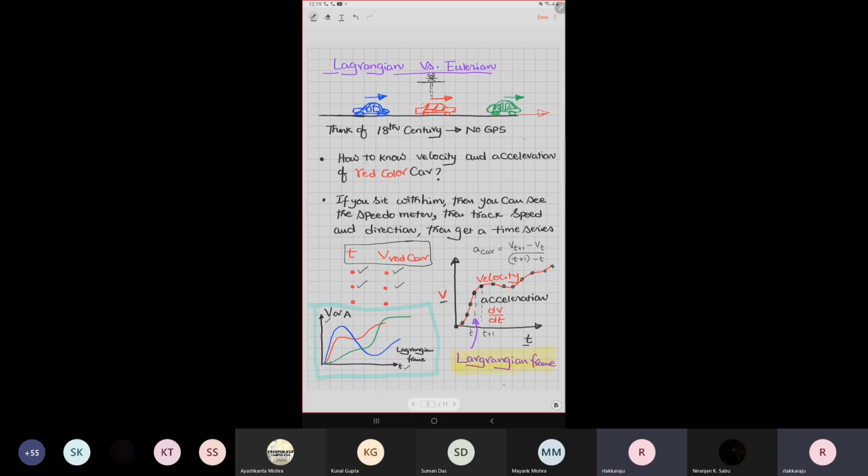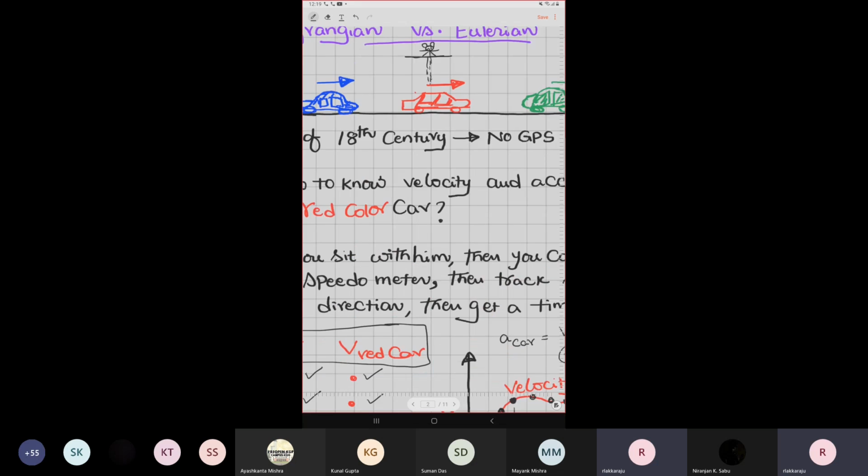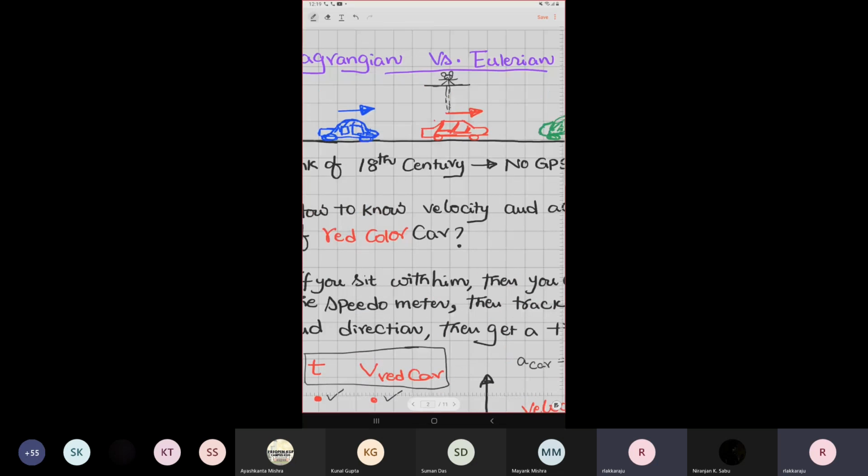Wherever the dash-dot lines are, he can only view up to that level. He is completely packed up on his head. So he can see only a fraction of that road. Unless some cars pass by him, he will not be in a position to see whether it is a red color car, blue color car, green color car, or whatever.